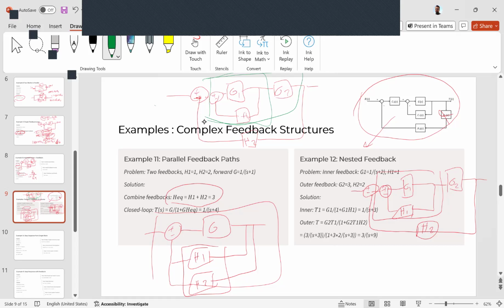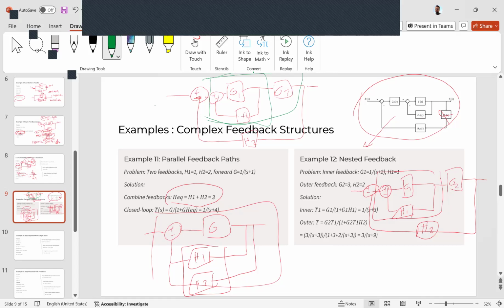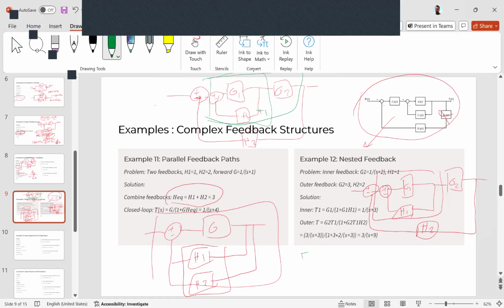Now we have another feedback. Again, forward path over 1 plus forward times feedback. Okay, so let's write it down. The T1, which is this block, is going to be G1 over 1 plus G1 H1.